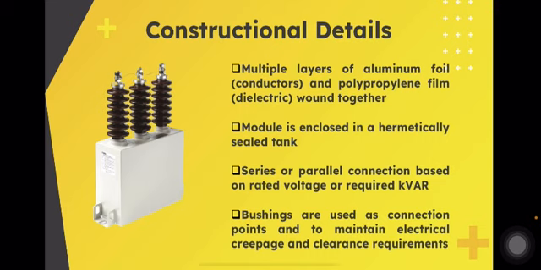Elements are connected in series based on rated voltage and in parallel based on required kVAR. The completed module is enclosed in a hermetically sealed tank, and any air from the unit is removed and replaced by a dielectric fluid. The units include bushings with terminal caps that are used as connection points and to maintain electrical creepage and clearance requirements.